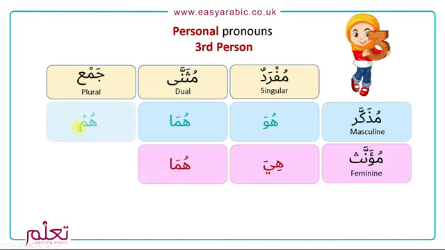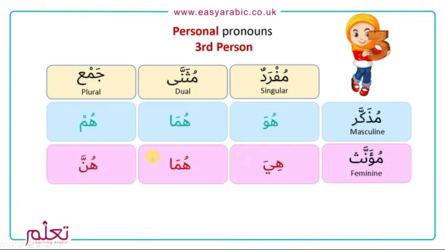And then jama' mudhakkar is hum. So for male plurals, or a mix, we say hum. But if it's females only, we'll say hunna. Okay, so jama' muannath is hunna. Huwa, hiya, huma, hum, and hunna. So all these variations come up to 12.